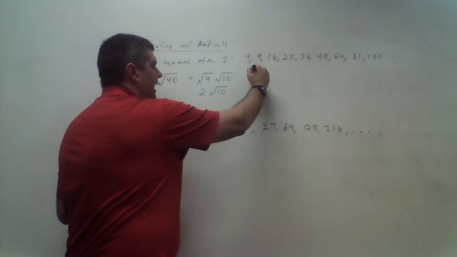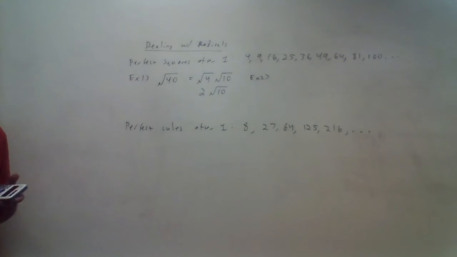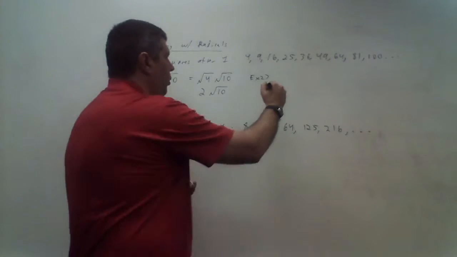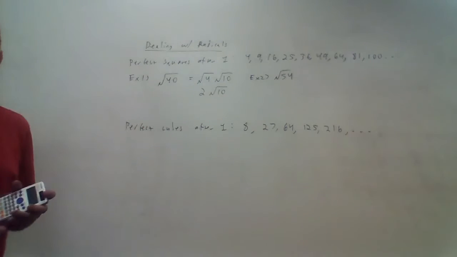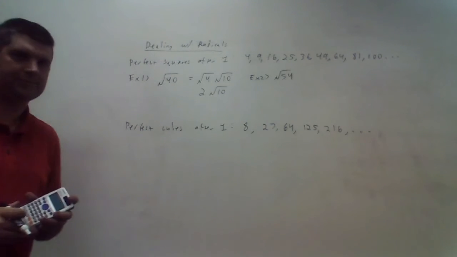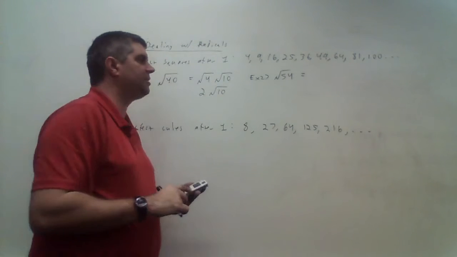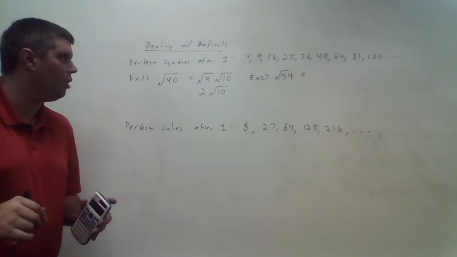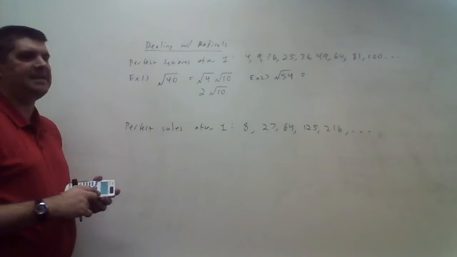Example 2. I believe I had the square root of 54. Now, when we think factors of 54, you might think 2 and 27, or 18 and 3.